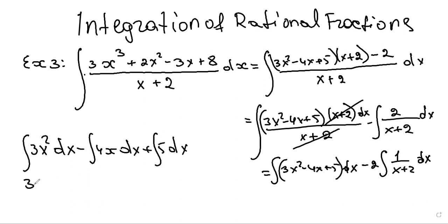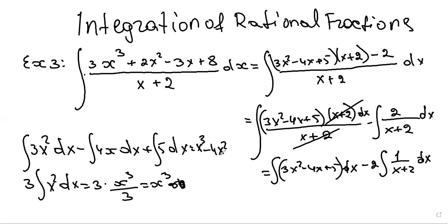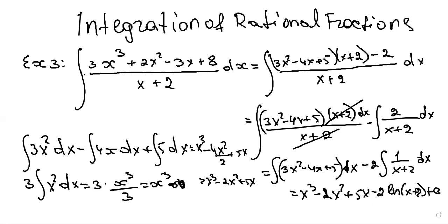For 3x squared, we take 3 out of the integral. For the integral of x squared, we use the power rule, x to the n plus 1 divided by n plus 1, which makes 3 times x cubed divided by 3, which is x cubed, minus 4 times x squared divided by 2, plus 5x, which is x cubed minus 2x squared plus 5x. That makes x cubed minus 2x squared plus 5x minus 2 times ln of absolute value x plus 2, and we add c.